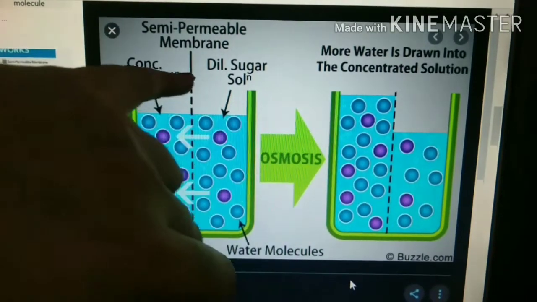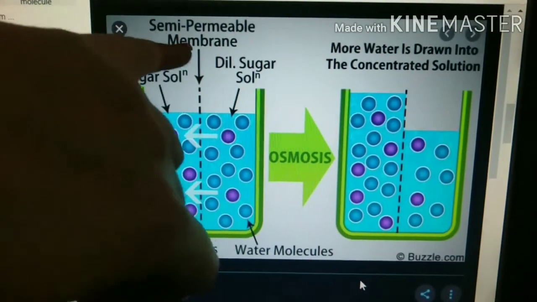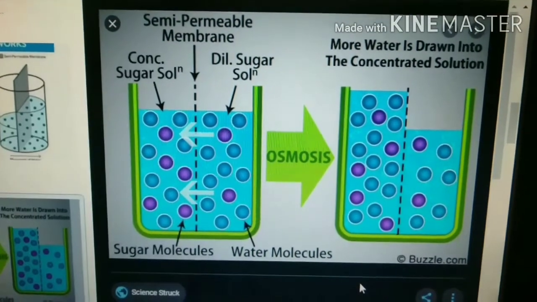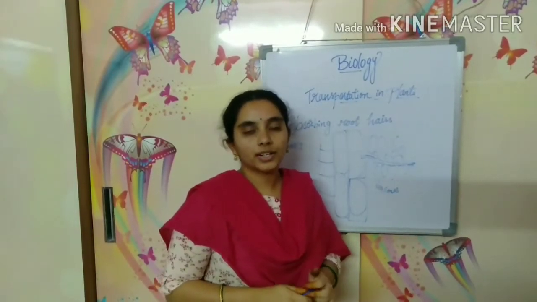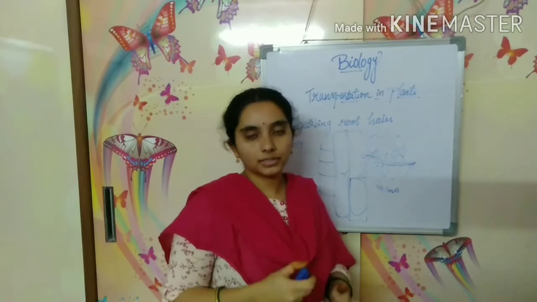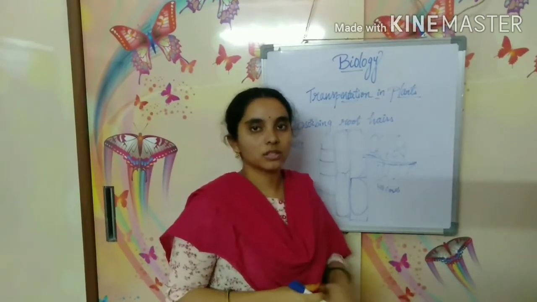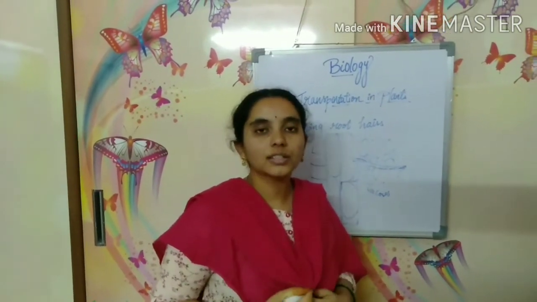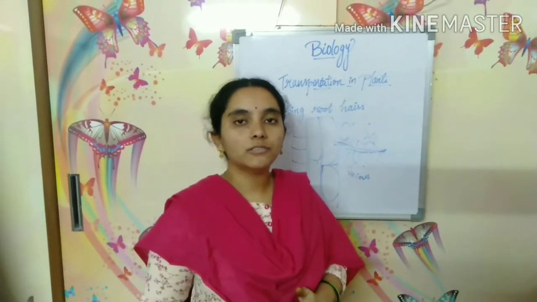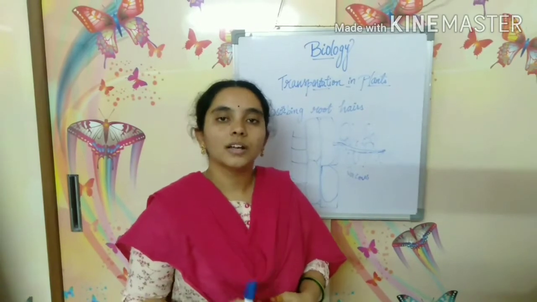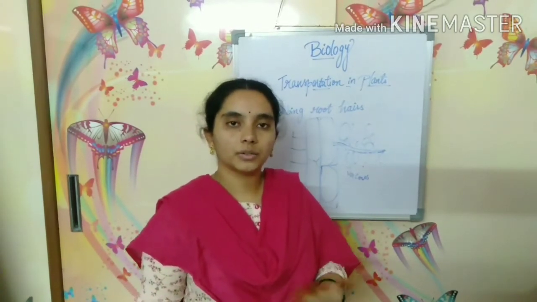This takes place with the help of a semi-permeable membrane. So the transportation of water works on the principle of osmosis. Now you know what osmosis is. It needs a semi-permeable membrane for the movement of water, the solvent molecules, from one area to the other.